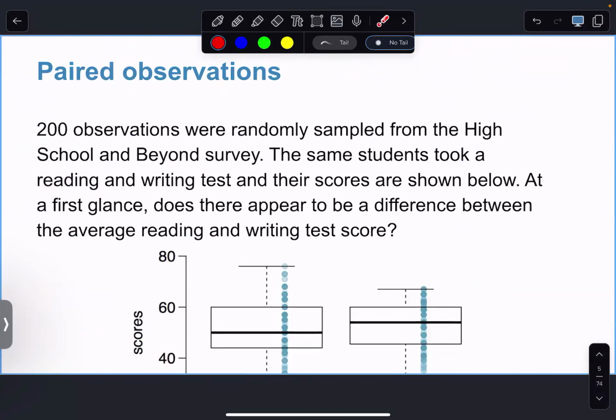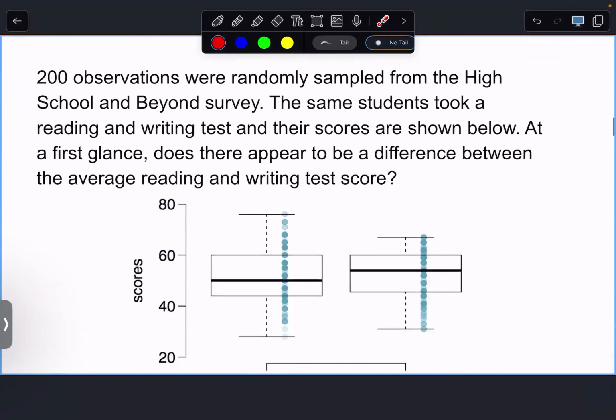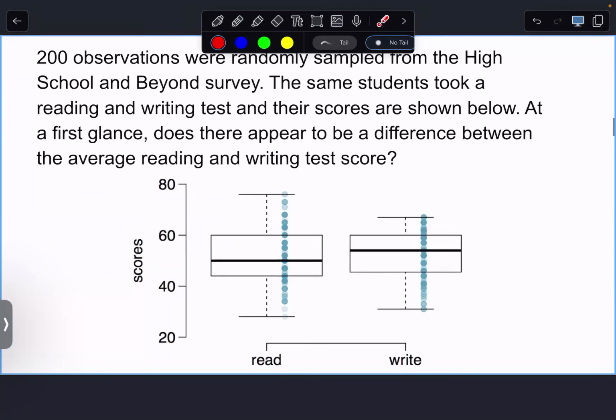So an example of paired observations is this one. So 200 observations were randomly sampled from the high school and beyond survey, where the same students took a reading and a writing test, and their scores are shown below. At first glance, does there appear to be a difference between the average reading and writing test scores?